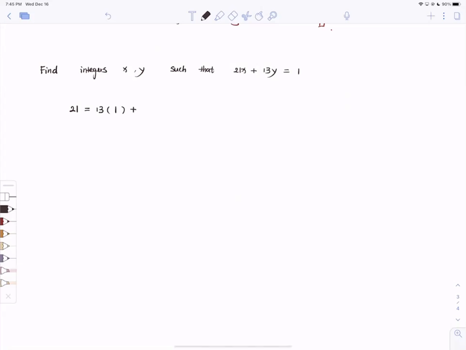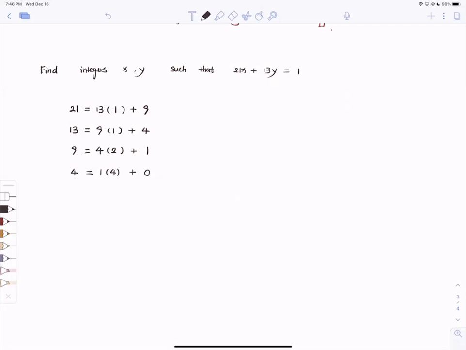Times 1 plus 8, okay? And then 13 equals 8 times 1 plus 5. 8 equals 5 times 1 plus 3. 5 equals 3 times 1 plus 2. 3 equals 2 times 1 plus 1. 2 equals 1 times 2 plus 0.